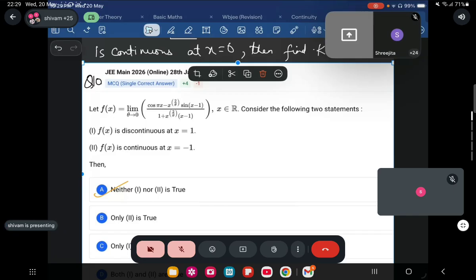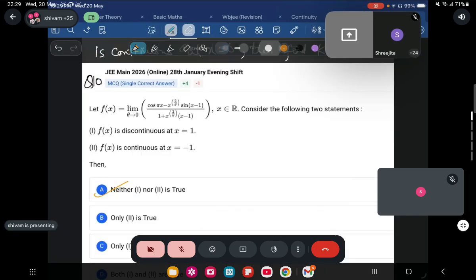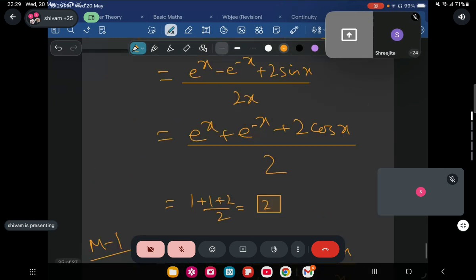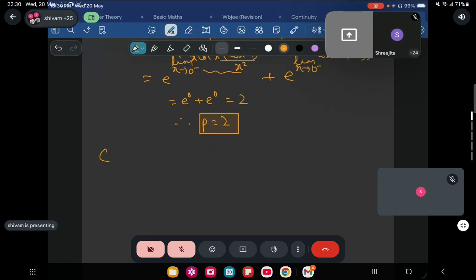So over here, case 1. Okay, case 1. Over here, see, in the numerator, we have x to the power 2 by theta, and in the denominator also, we have x to the power 2 by theta. Okay, so let us talk about theta over here.